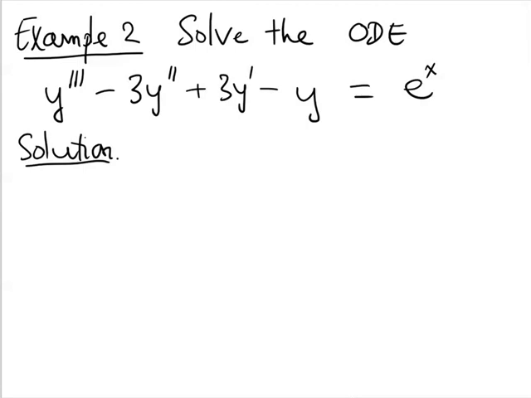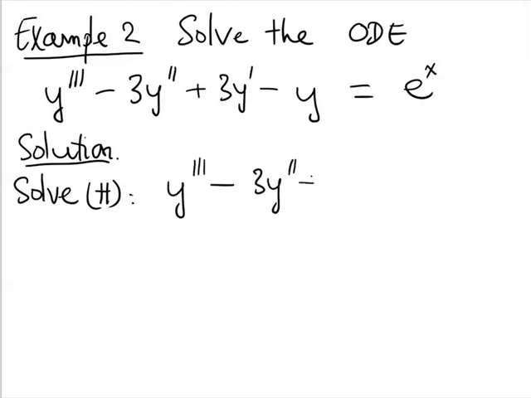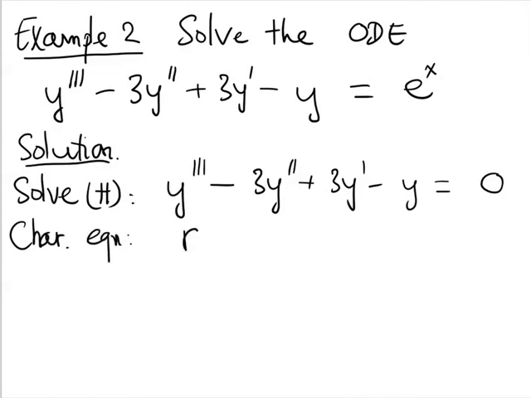So as before, we begin by solving the homogeneous equation. We have the characteristic equation r cubed minus 3r squared plus 3r minus 1 equals 0.